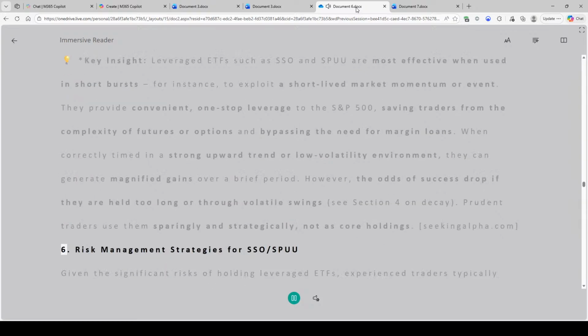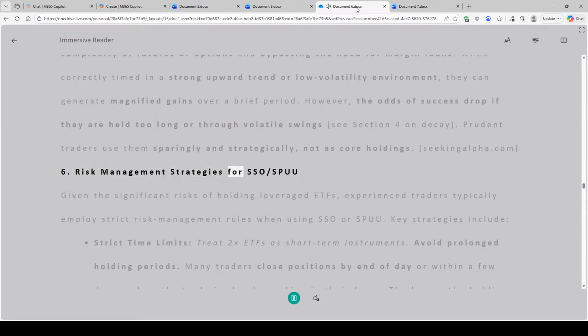6. Risk management strategies for SSO/SPUU. Given the significant risks of holding leveraged ETFs, experienced traders typically employ strict risk management rules when using SSO or SPUU. Key strategies include: strict time limits. Treat 2x ETFs as short-term instruments.